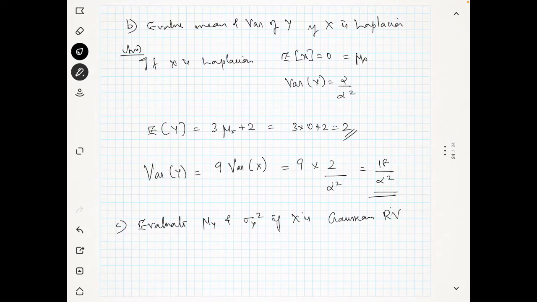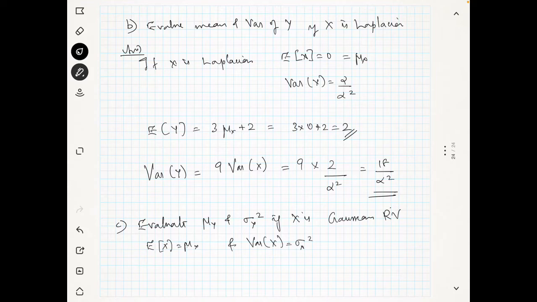For a general Gaussian random variable, you know that the expected value of x is equal to some mu x, and the variance of x is equal to sigma x square.